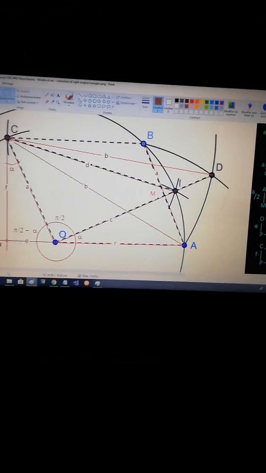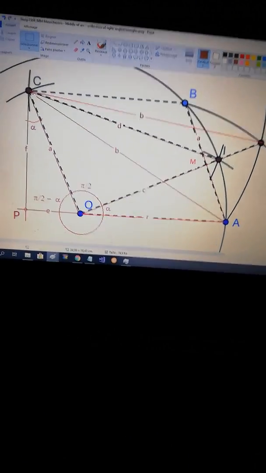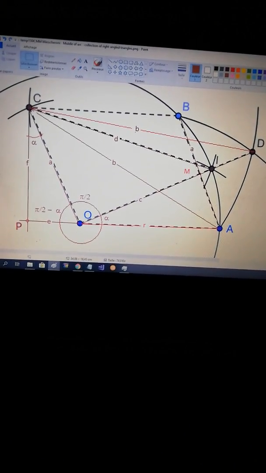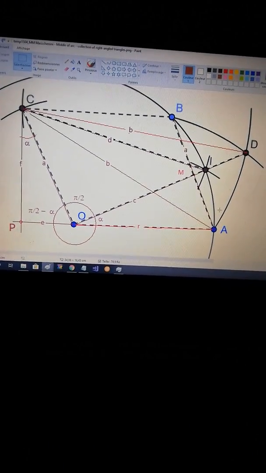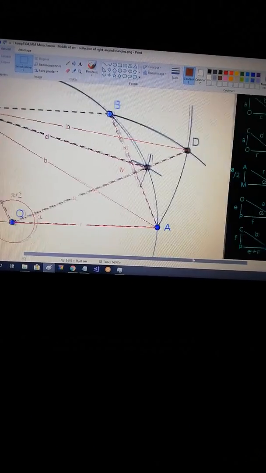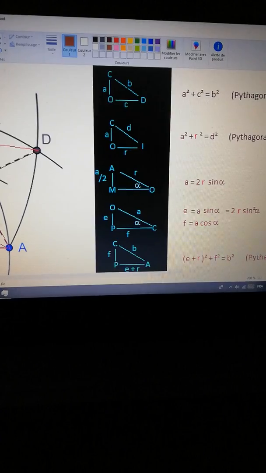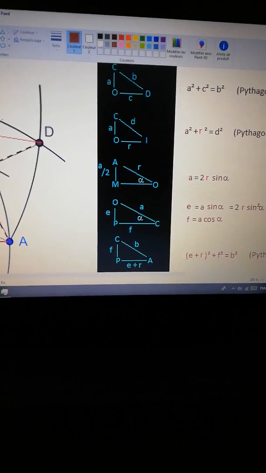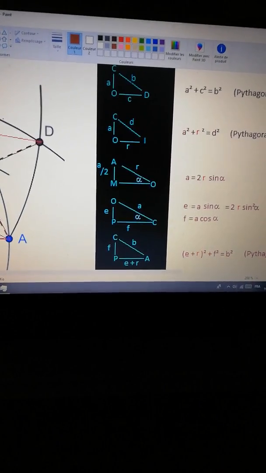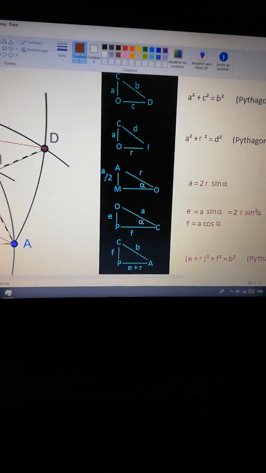So I want to prove that analytically now, and it won't be that hard if I set up all stuff nicely. To build the nice relationships, I have created this grid here. I have a grid with 5 triangles, and in some of them I have set up letters for all sides.